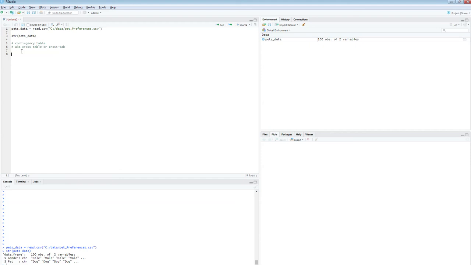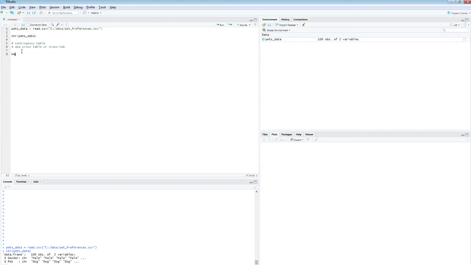Okay, so I'm going to use the same exact function that we did before. So for example, here's what I can do, right? So I'm going to say gender counts. Okay, so this is how we used the function table before.